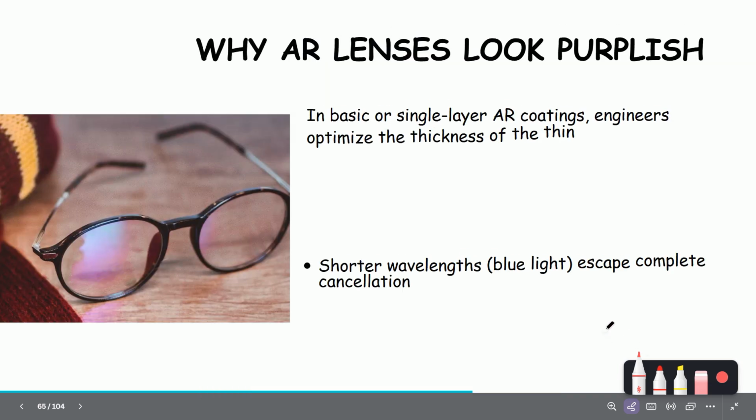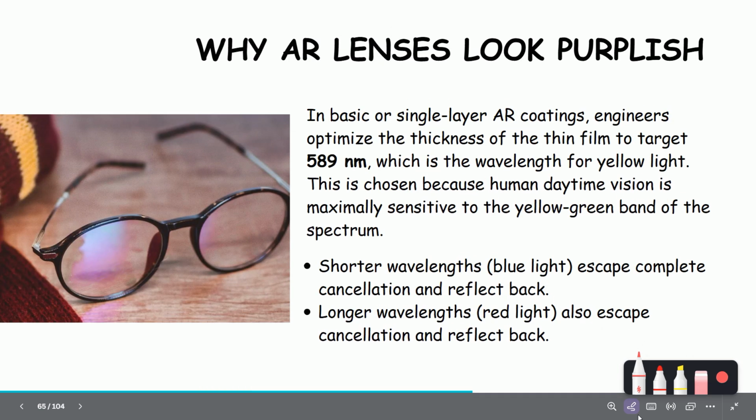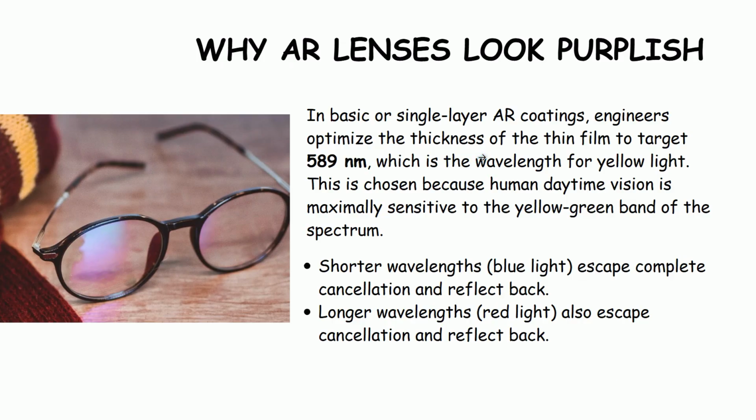Okay. So, why do AR lenses look purplish? Some AR lenses look purple when you hold them up to the light. In basic or single layer AR coatings, engineers optimize the thickness of the thin film to target 589 nanometers, which is the wavelength for yellow light. This is chosen because human daytime vision is maximally sensitive to the yellow-green band of the spectrum.